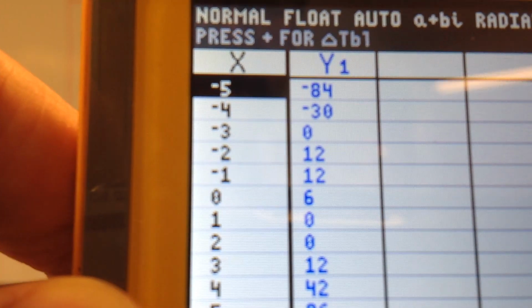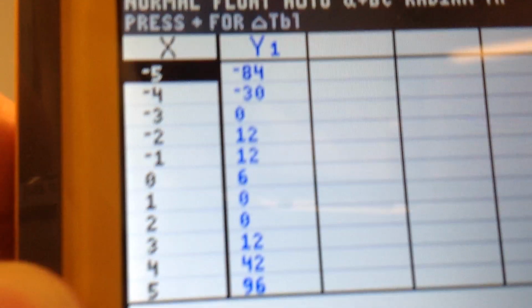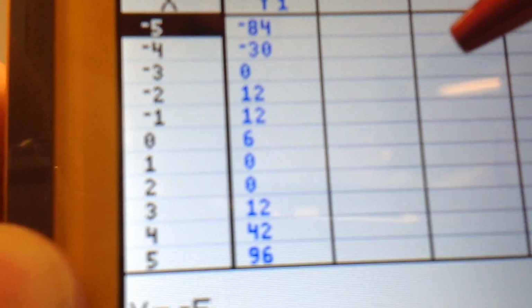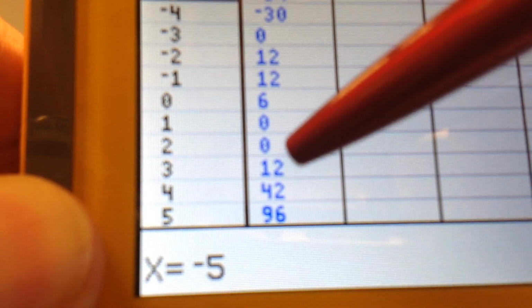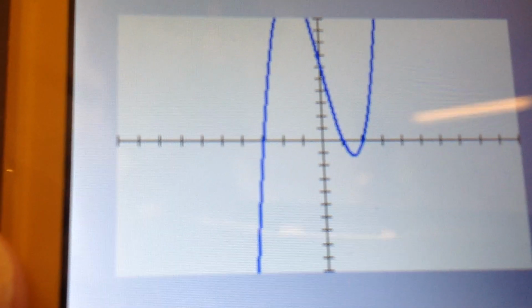And you can see right there, when x is negative 3, y is equal to 0. Right there. And then over here, when x is 1, y is 0. When x is 2, y is 0. And so if we go back to the graph, that's what we're seeing. So those are the roots. Those are on the whole numbers.